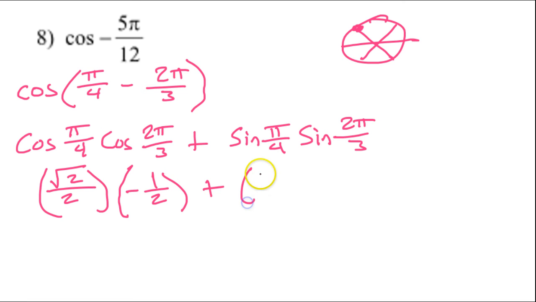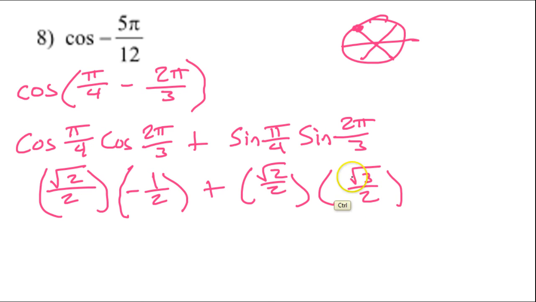Sine of pi over 4 is radical 2 over 2. Memorize that. Sine of 2 pi over 3. Well, the reference angle is pi over 3, and the sine of pi over 3 is radical 3 over 2. It's just a matter of will it be positive or negative. Well, again, it's in the second quadrant, so sine is positive up there because it's a y value.